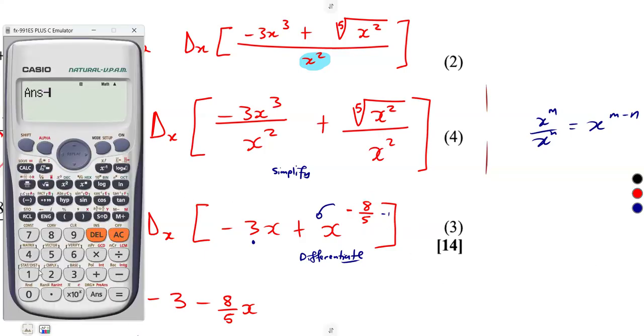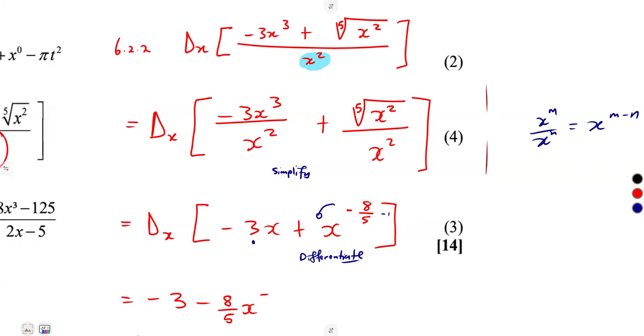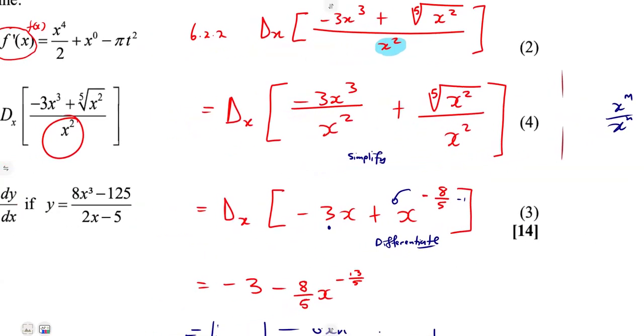Minus 8 over 5 minus 1 is going to give us negative 13 over 5. So that's to the exponent of negative 13 over 5. So this is the idea. You're done. You have differentiated. You do not write that d/dx there. You're done.